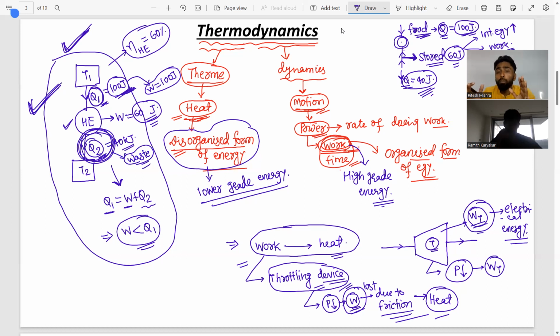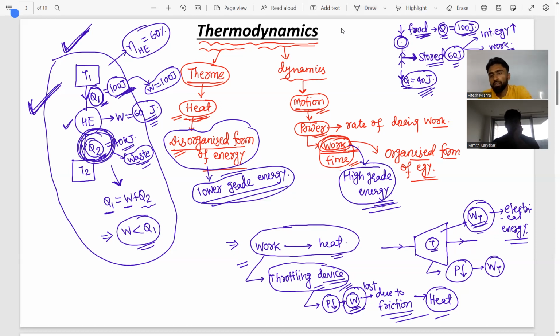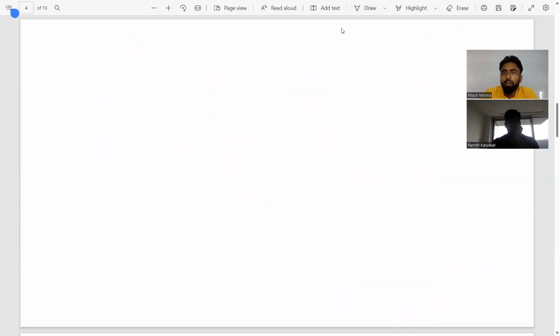So our main motto is to increase the efficiency of the engine. In thermodynamics, we basically study low grade energy and high grade energy, and how to increase the efficiency of the device. Okay, let's move to the next topic.